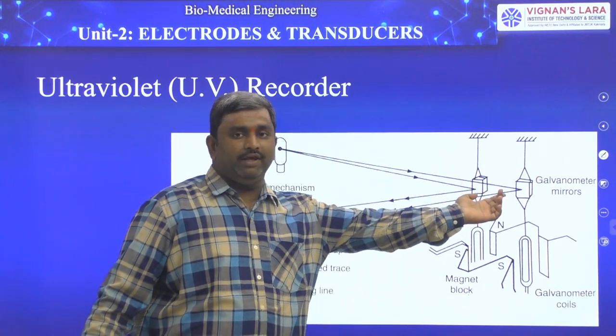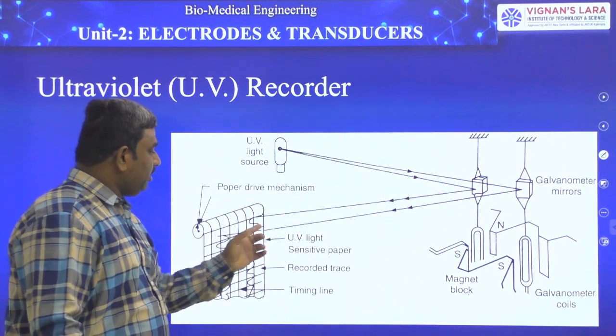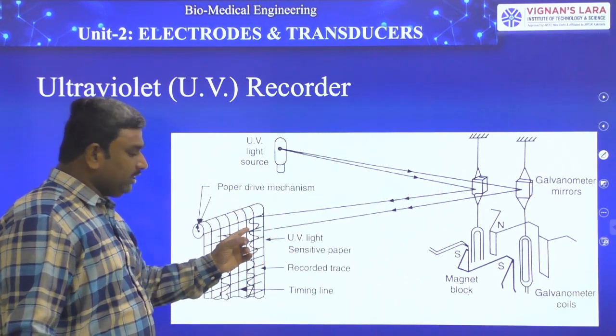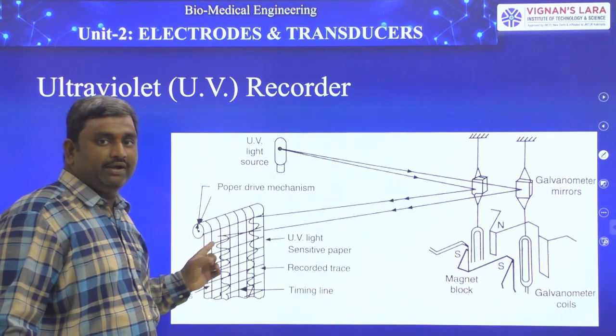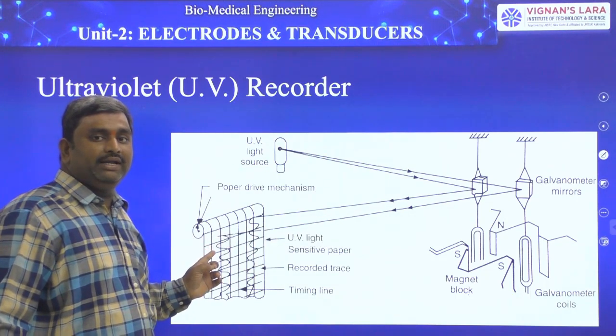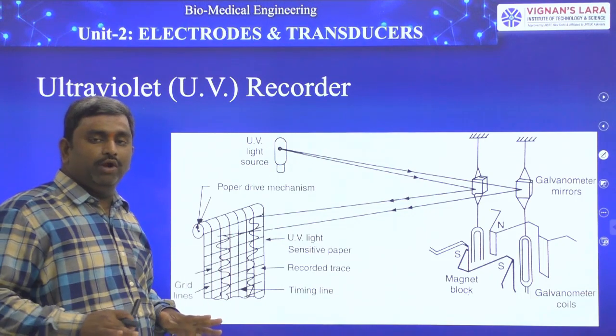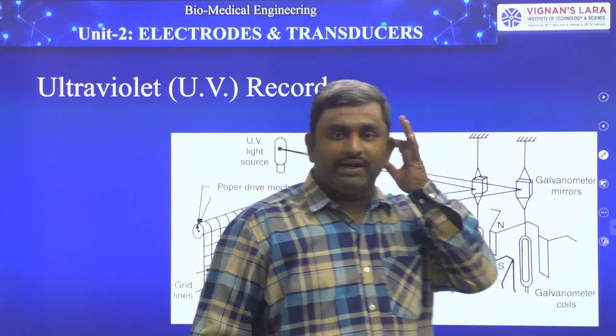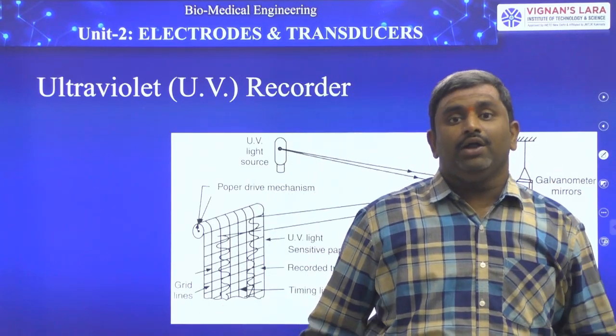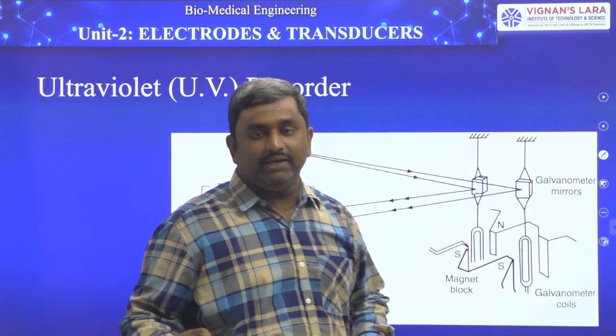If the mirror is moving in the left and right direction, based on that information the graph will be drawn here. Whenever these light rays touch this paper, the area at that place is going to darken. So these ultraviolet rays do not require any ink. Why?